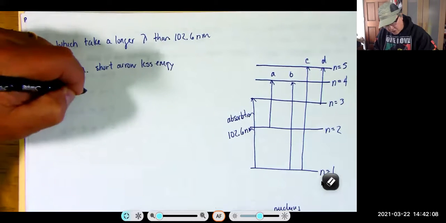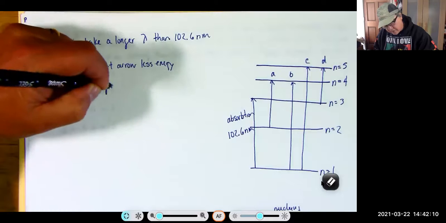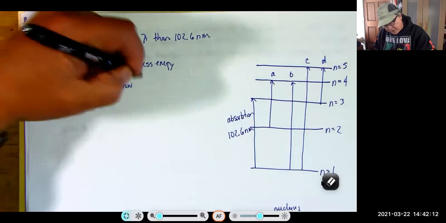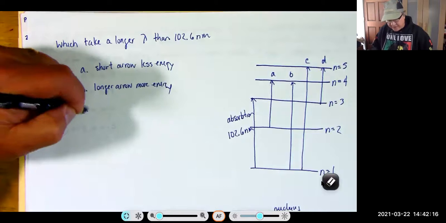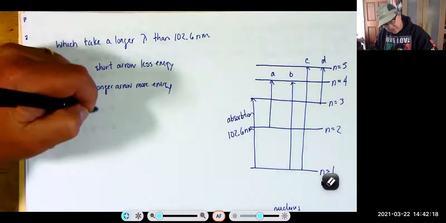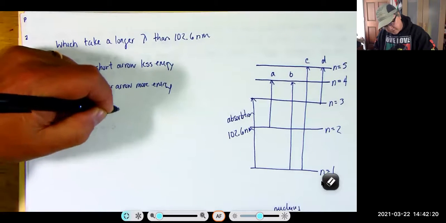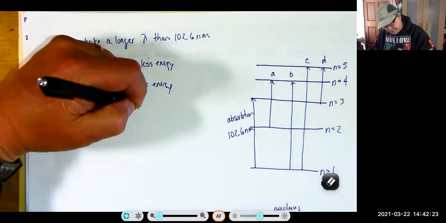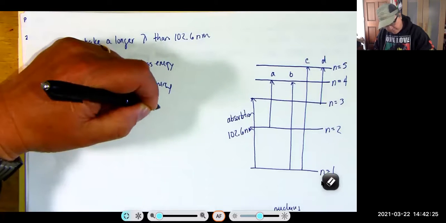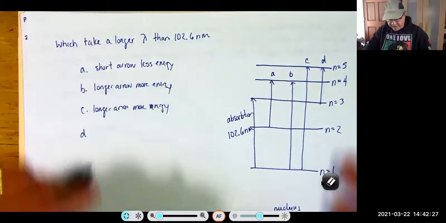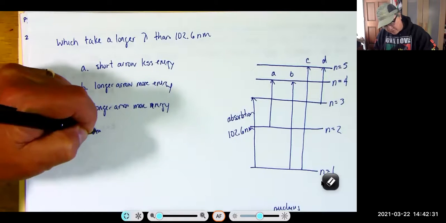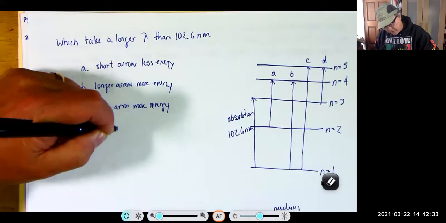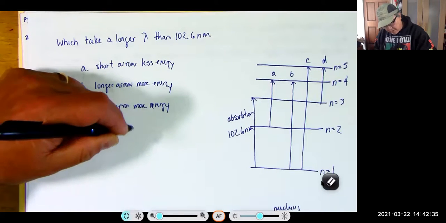B is a longer arrow, more energy. C is definitely a longer arrow, more energy. And D, you can tell that's definitely a shorter arrow, less energy.